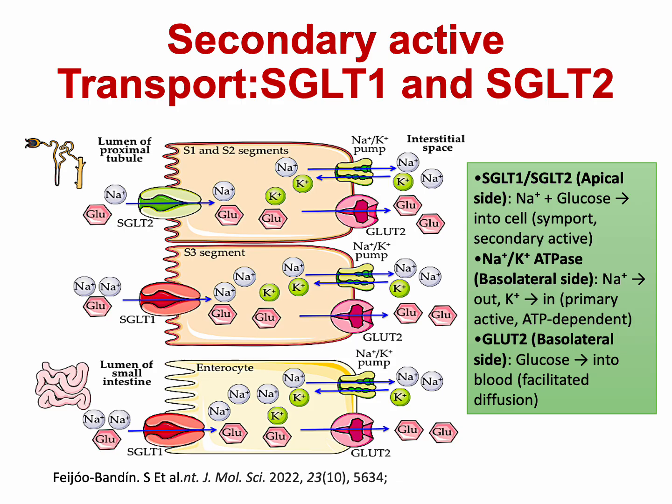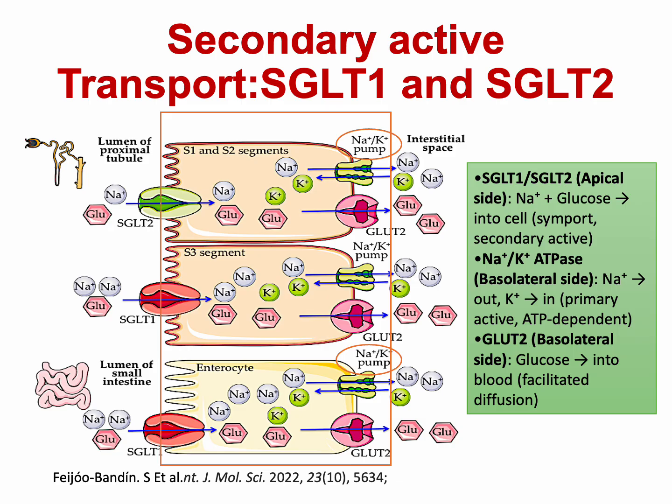Now, to sustain this mechanism, the cell must maintain a low intracellular sodium concentration. This is achieved by the sodium potassium ATPase pump on the basolateral membrane, which uses ATP to actively pump sodium out of the cell and potassium into the cell, preserving the sodium gradient that powers both SGLT1 and 2.